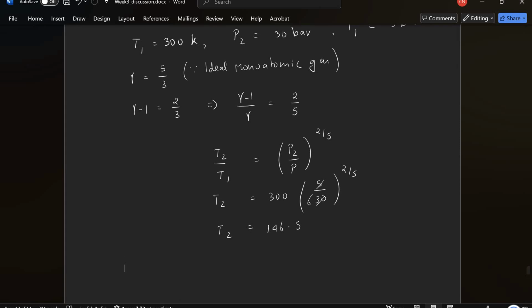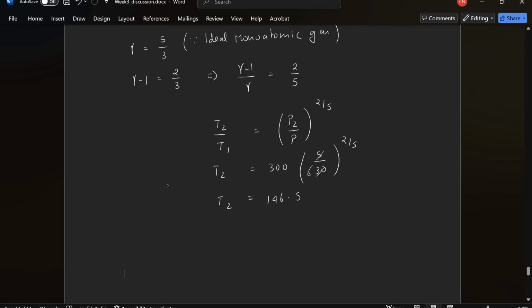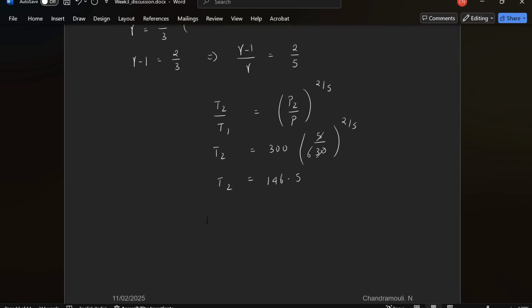So the work done is going to be simple. We have T2 now. Work done for adiabatic reversible is equal to CV times (T2 minus T1).